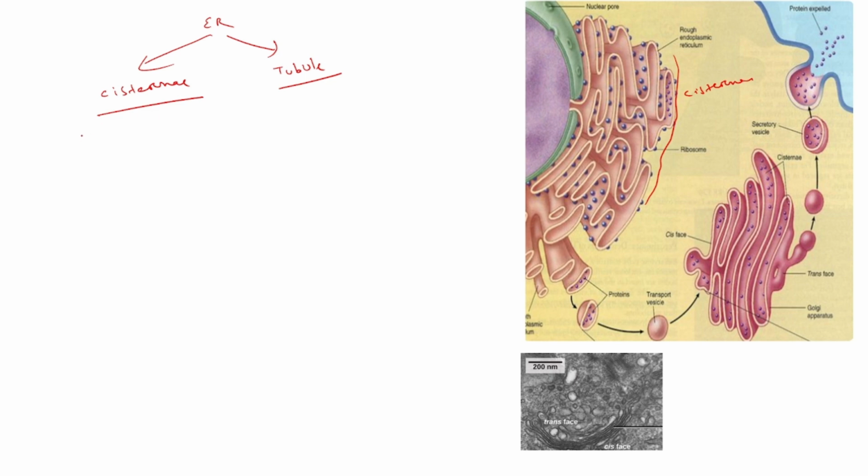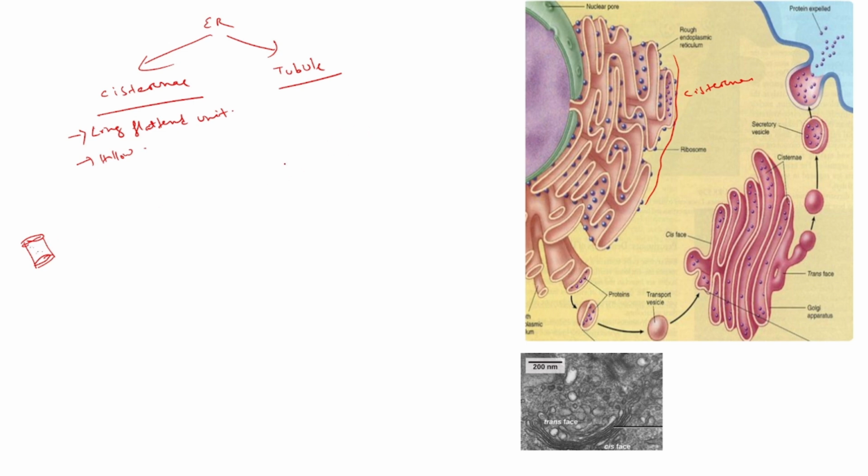So what is the cisternae? The cisternae is a long flattened unit, and it is hollow. Hollow means it looks like a pipe. Inside the pipe there is a hollow part.